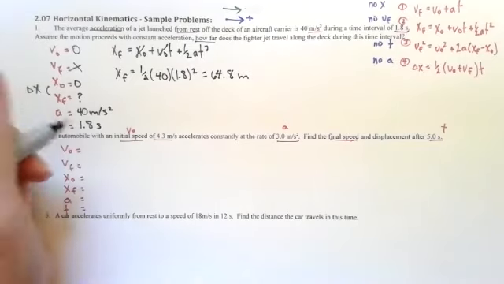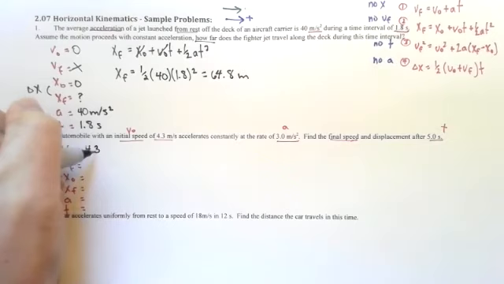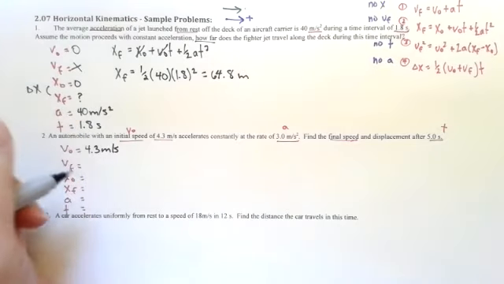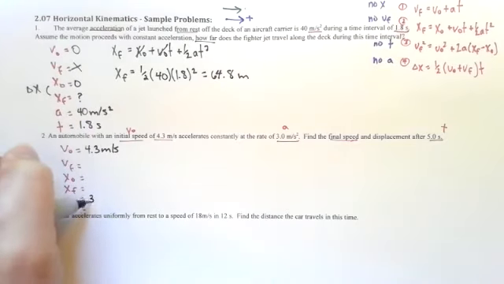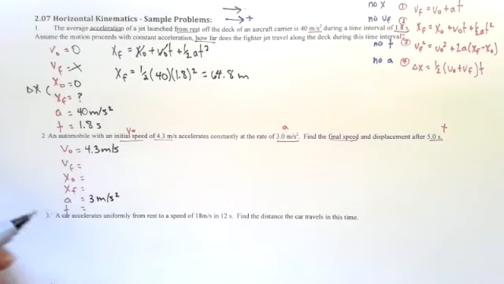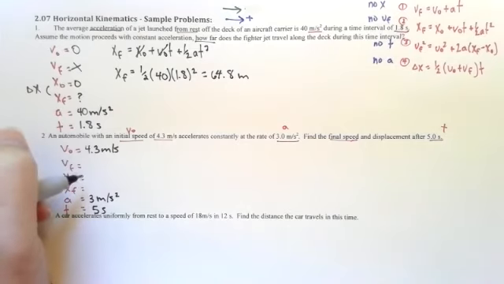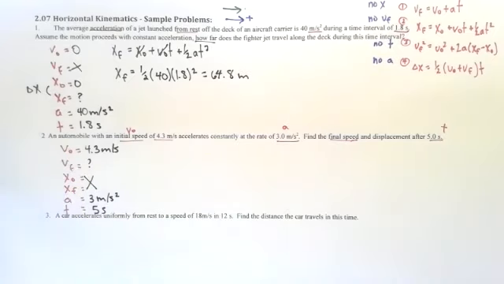I have 4.3 meters per second. Here I have an acceleration of 3 meters per second squared. And my time is 5 seconds. I am not going to solve for displacement for this problem, so we're going to put x's next to that. But I do want to know what my final velocity is.